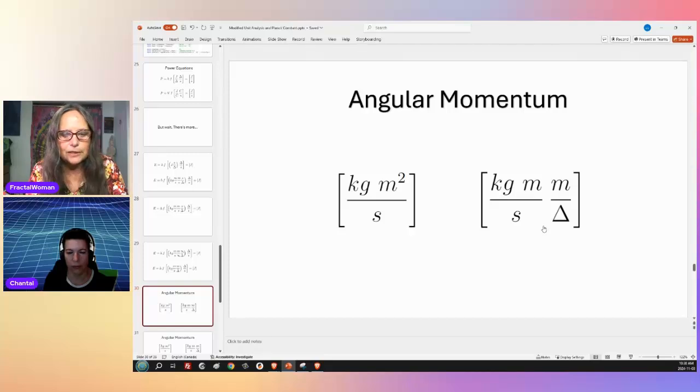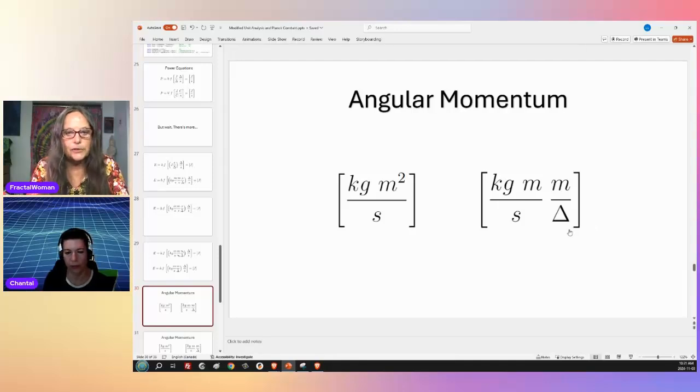In modified unit analysis, meters per cycle are the units of wavelength, right? In standard unit analysis, the units of wavelength are just meters. But it literally is the number of meters in one turn, in one cycle, in one wavelength, in one period of light, whether it's hard light, which is matter, or propagating light, which is light.